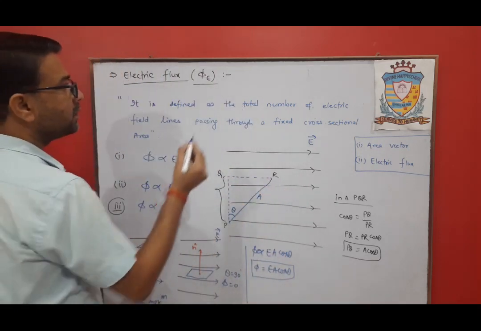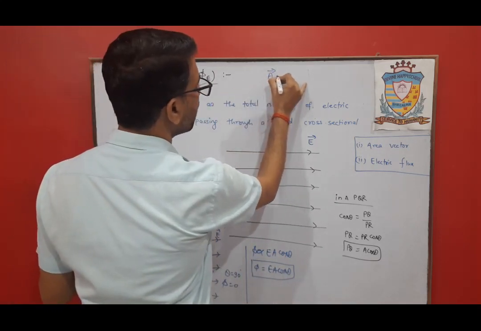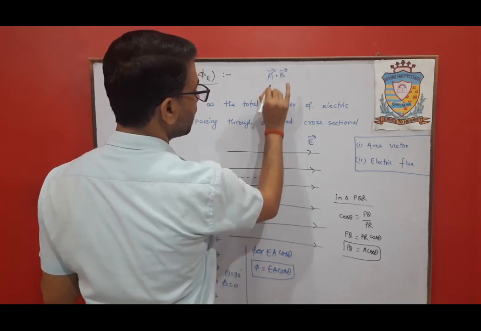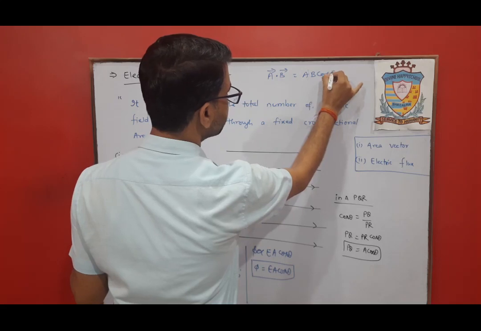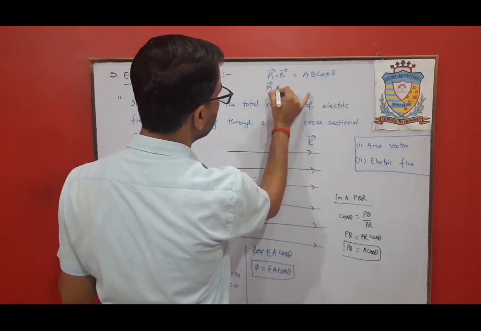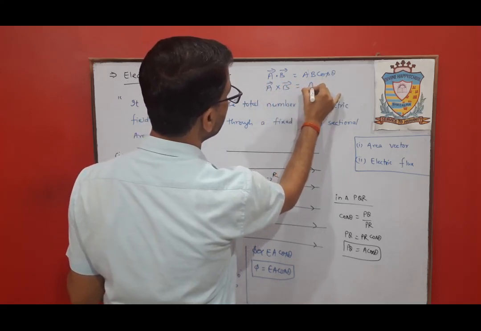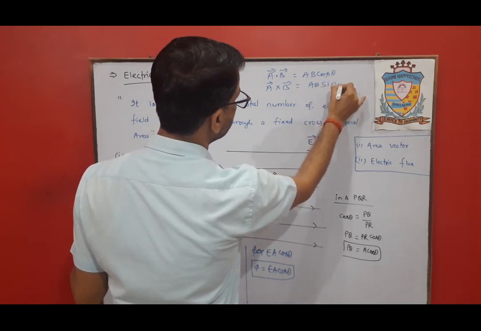And we know that if two vector quantities are multiplied with dot product, the resultant will be AB cos theta, and if multiplied with cross product, the resultant will be AB sin theta.